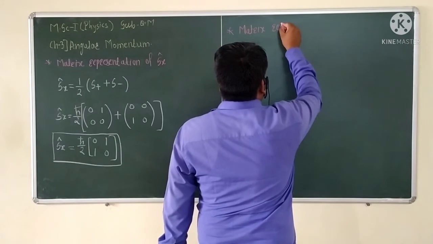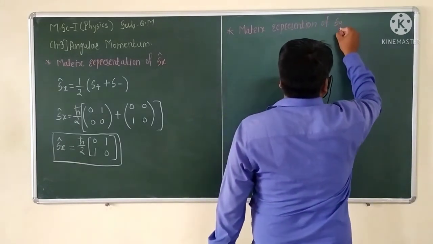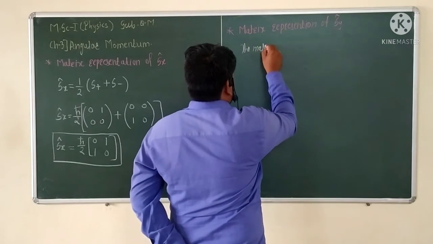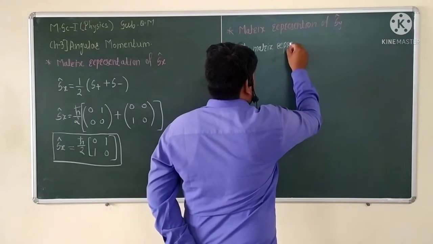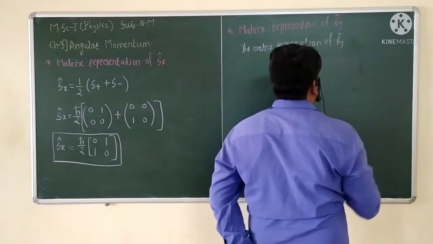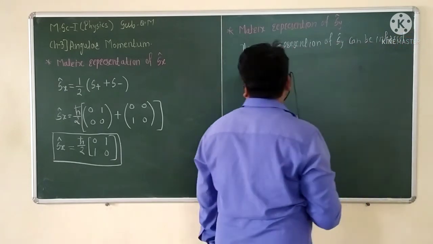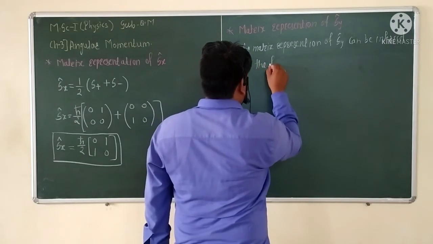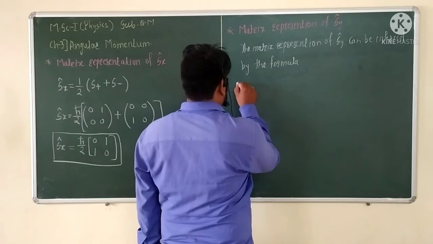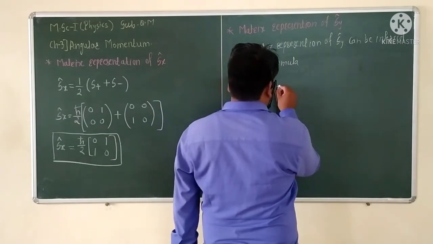The matrix representation of the Sy cap operator can be obtained by a formula, which is: Sy cap is equal to one by twice i times (S plus minus S minus).